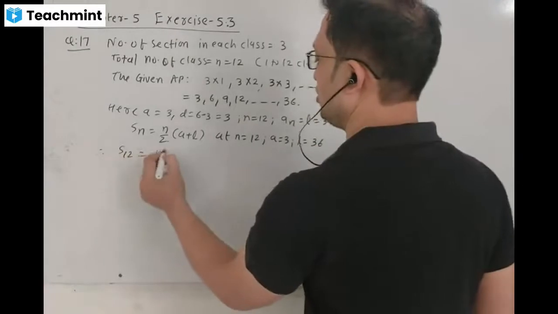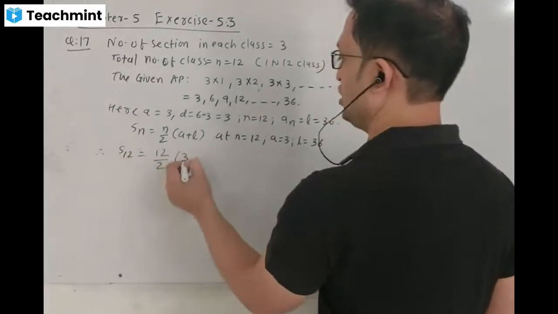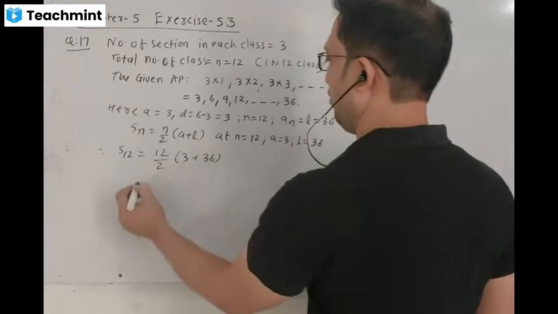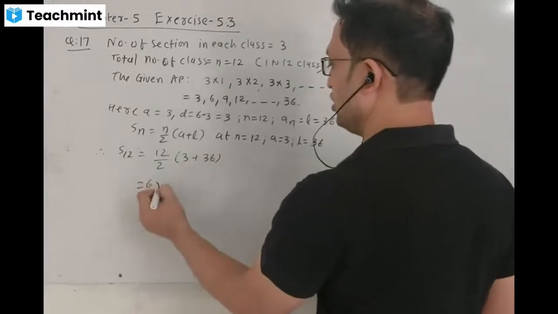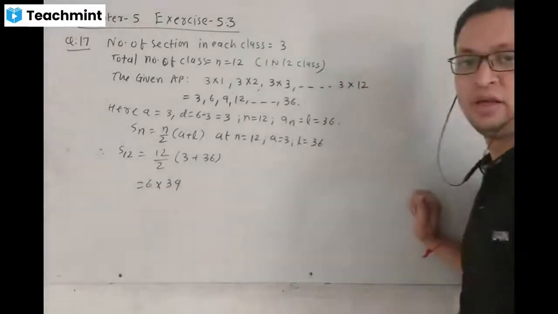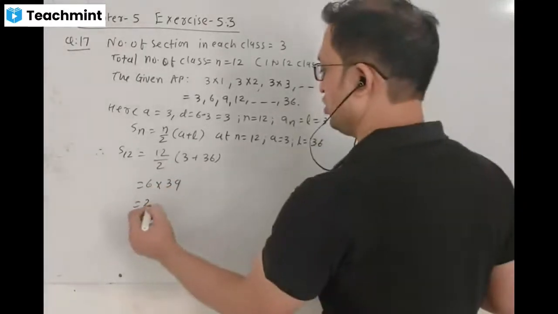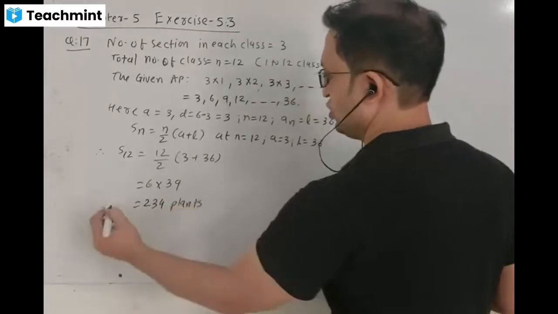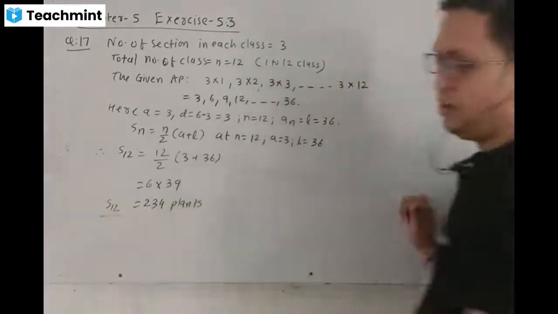Therefore, S12 is equal to 12 by 2, a is equal to 3, l is equal to 36, and 12 by 2, that is equal to 6. Multiply 3 plus 36, that is 39, and 39 into 6, that is equal to 234 plants. How many plants?